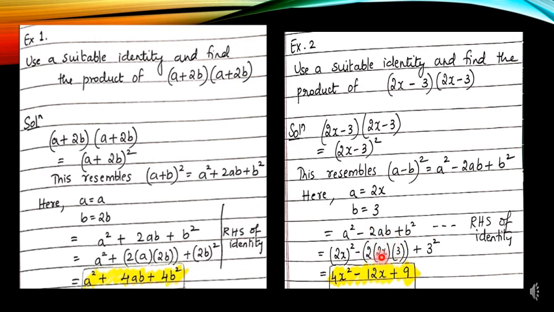So 2 into 2x into 3 plus b square. b is 3, so b square is 3 square. Later when you simplify, 2x whole square is going to be 4x square because 2 square is 4 and x square is x square only. Then 3 into 2 is 12, x as it is, plus 3 square is 9. So this is going to be your answer.